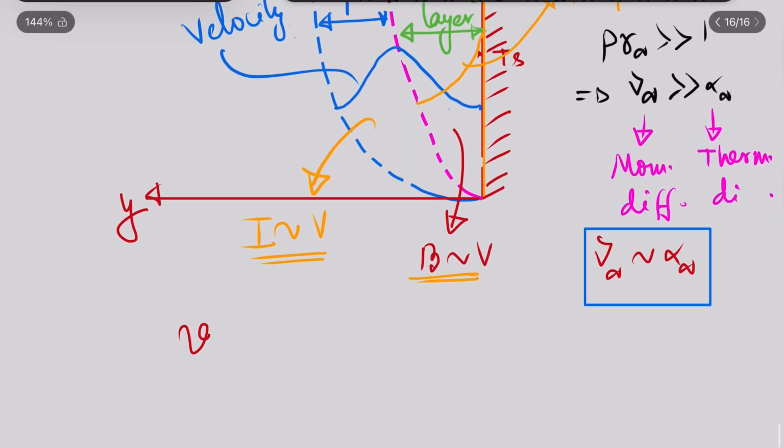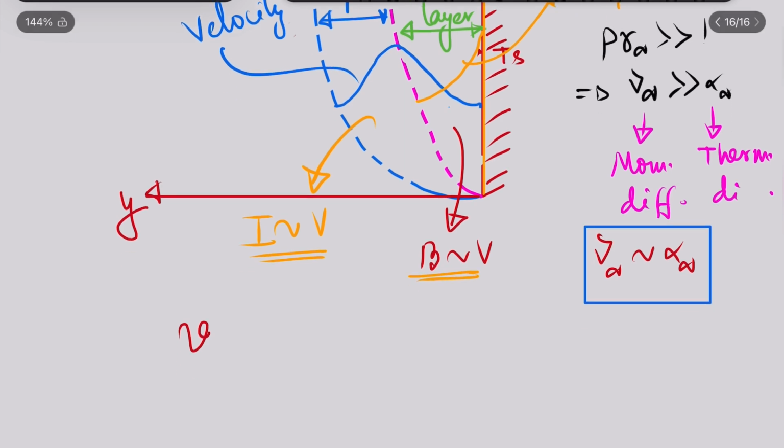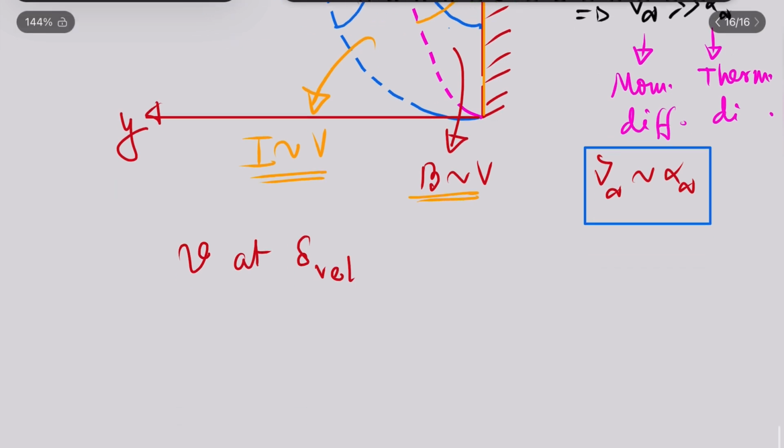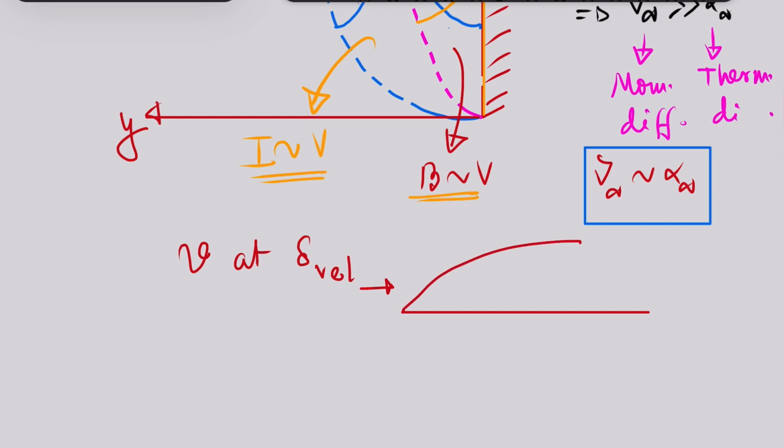Can you tell me v at delta velocity, that is the velocity boundary layer? What will this be? So for a boundary layer, if this is a flat plate and the fluid is flowing like this for a forced convection flow, then we have a boundary layer.